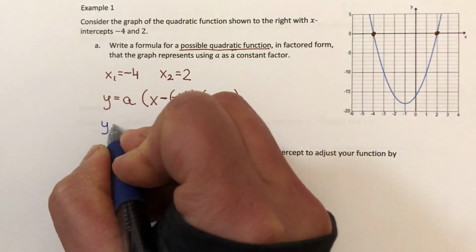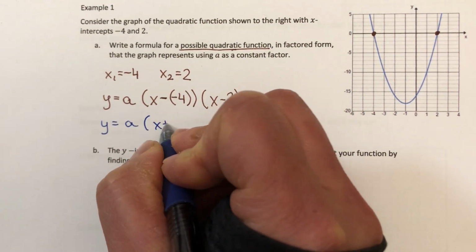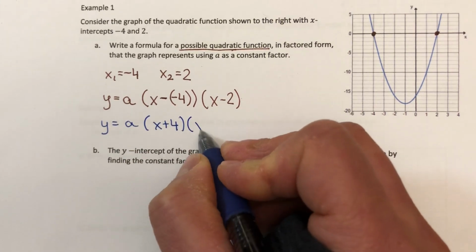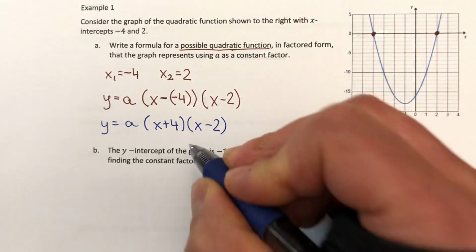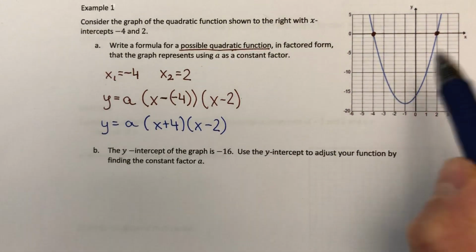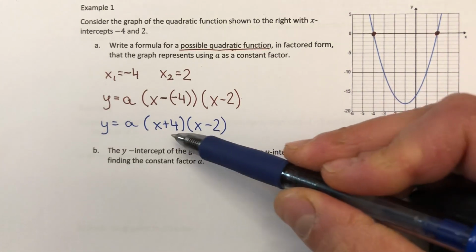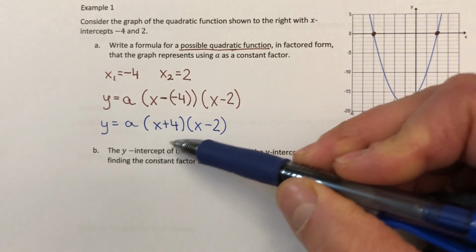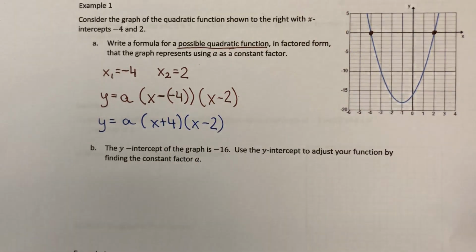So I have y is equal to a, x plus 4, because negative and negative gives me positive, and x minus 2. This is not necessarily the graph of this particular parabola. This is any parabola that, depending on the a number, would have the zeros at -4 and +2.